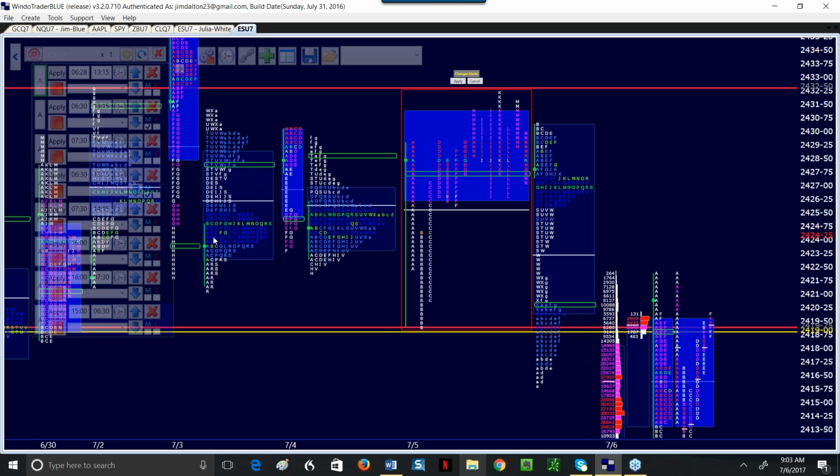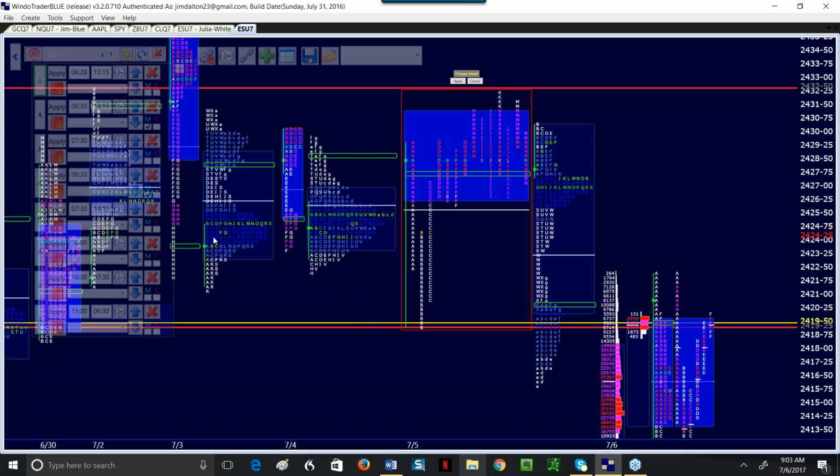The expected reaction when overnight inventory is short is to see a counteraction. By counteraction, that means correcting inventory from overnight. So if overnight inventory was short, the counteraction would be a rally. We got that counteraction yesterday, and the market went up and formed a P formation.